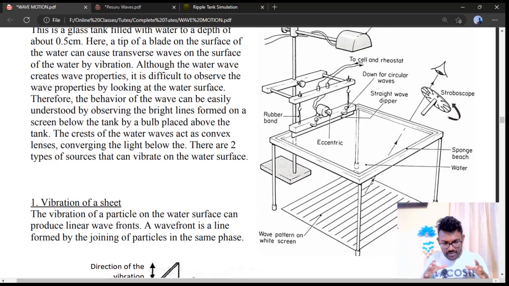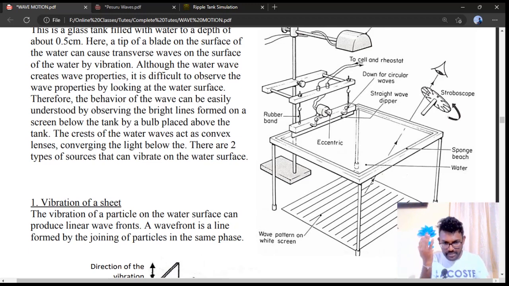Likewise, each and every wave front will go a distance of a lambda, because the time period of this wave and the time period of the stroboscope we have matched. So once it passed our eyes, a new set of waves came, and a gap of lambda has passed.